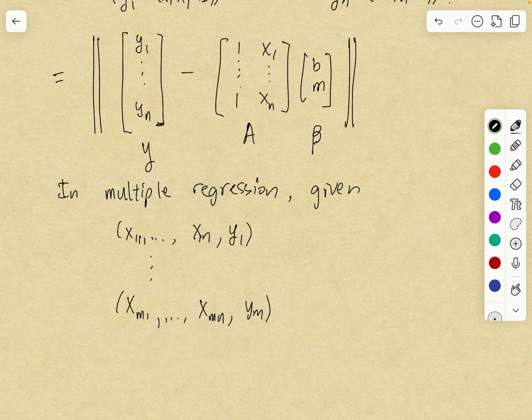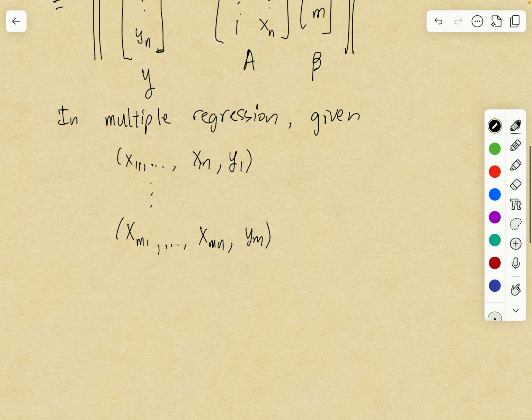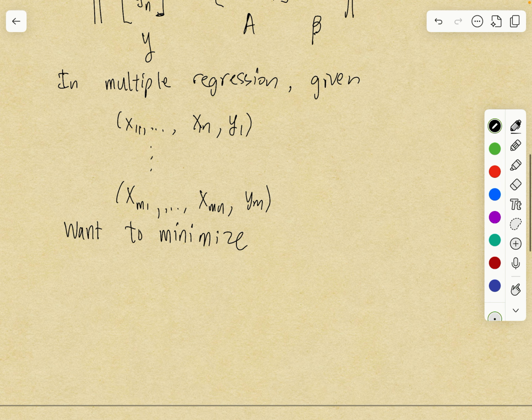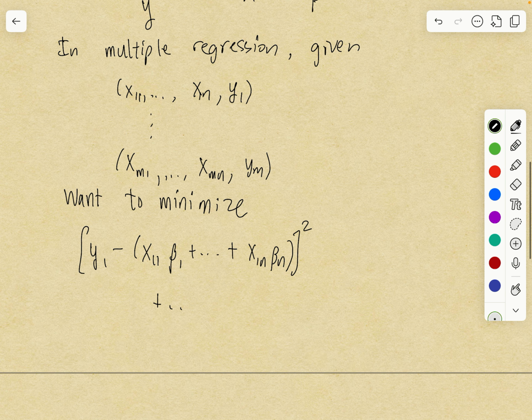So you might be given m data points, and then you want to minimize (y1 minus (x11 beta 1 plus dot dot dot plus x1n beta n)) squared, all the way to (ym minus (xm1 beta 1 plus dot dot dot plus xmn beta n)) squared.